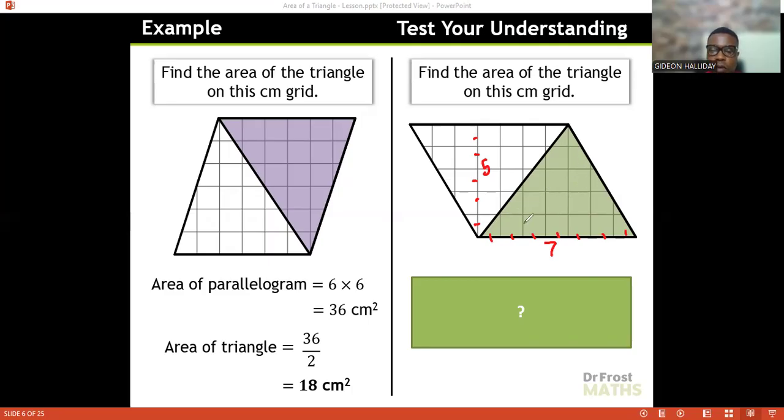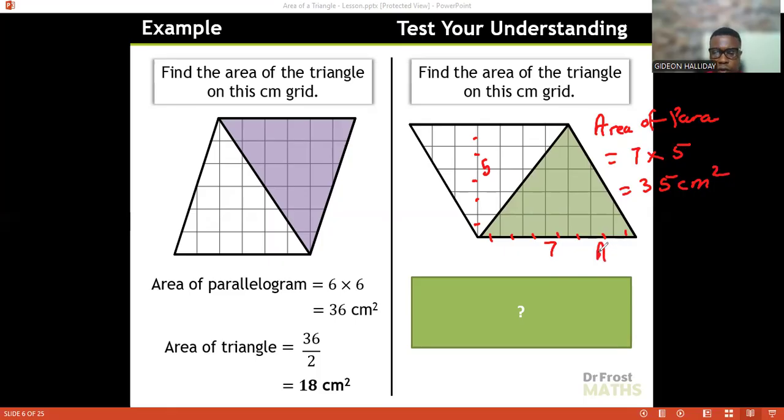So 7 times 5, area of parallelogram would be 7 times 5, which equals 35 centimeters square.